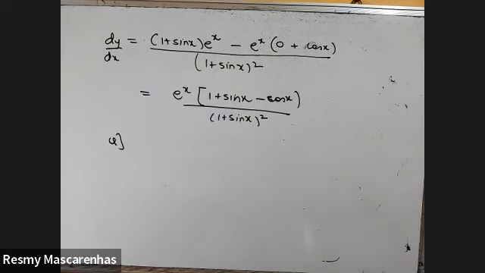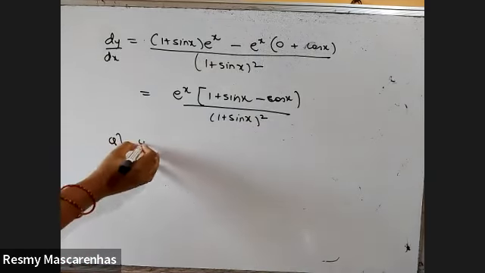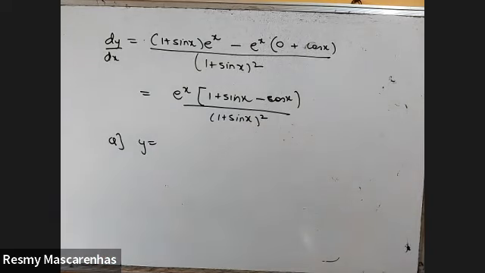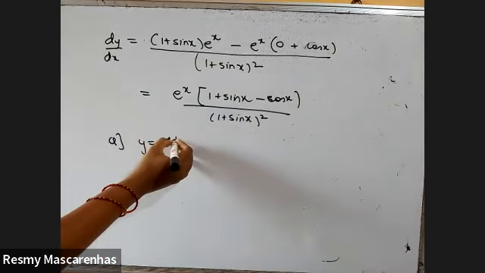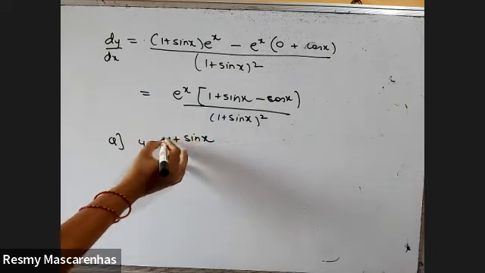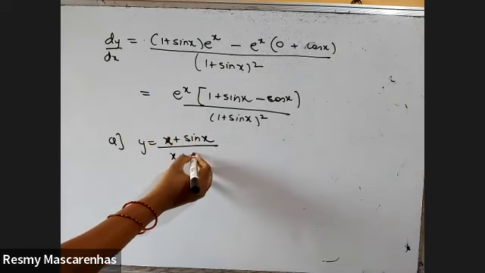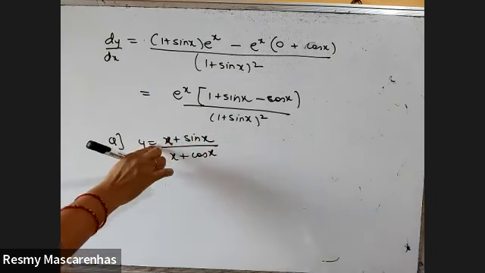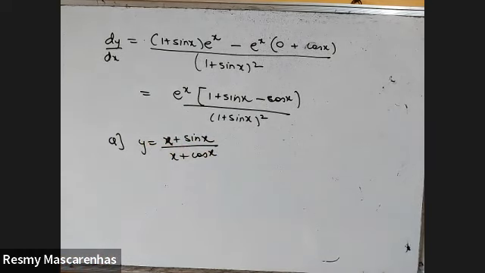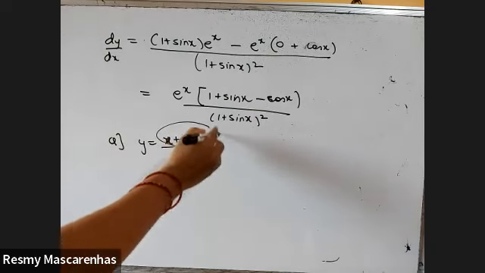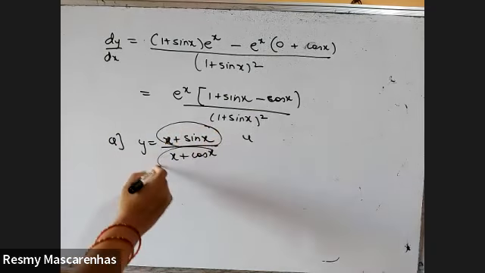Next one. Now the entire numerator is u and the entire denominator is v.